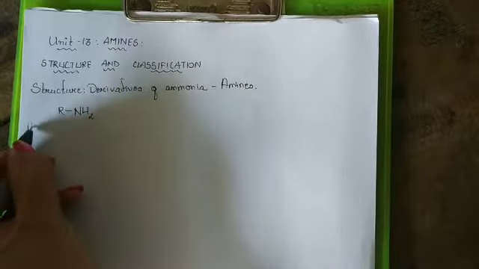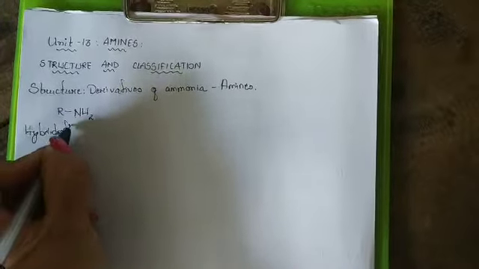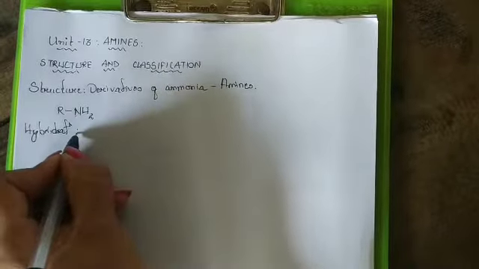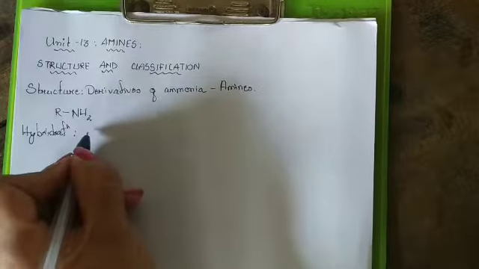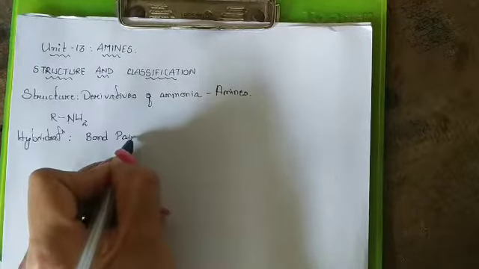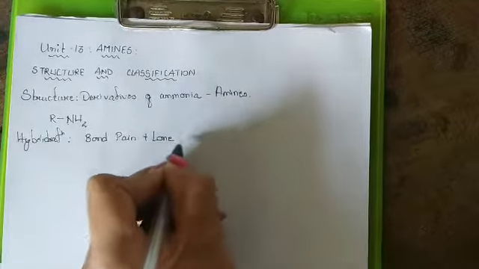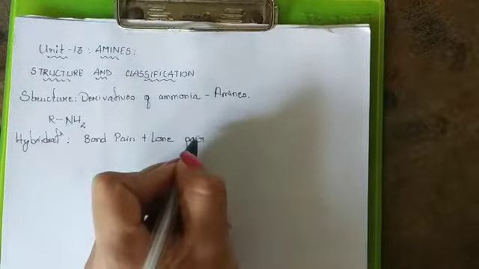Now let us check first the hybridization. The definition of hybridization is bond pair plus lone pair. We get the hybridization.